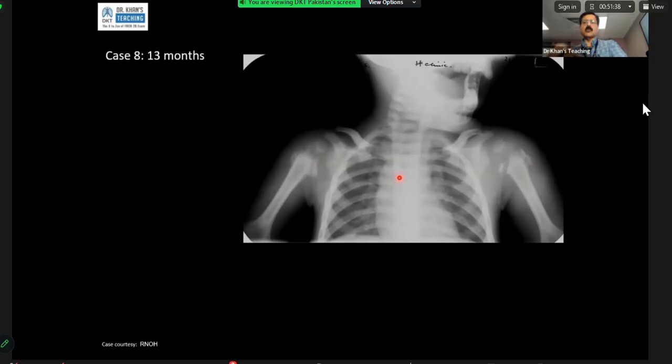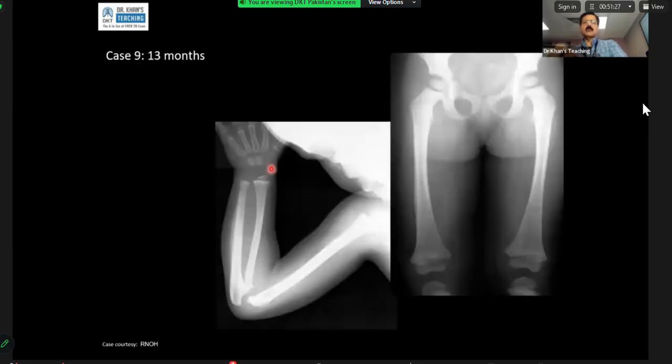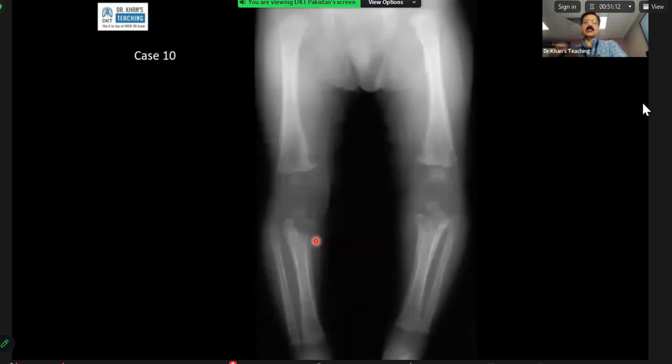So the NAI term has been replaced by suspected physical abuse. And another one is vitamin A toxicity, which can occur in more than 6 months, and this is along the shaft, here tibia and along the radius here.